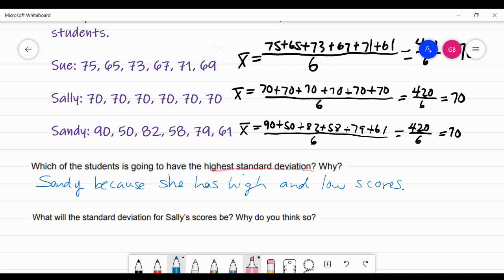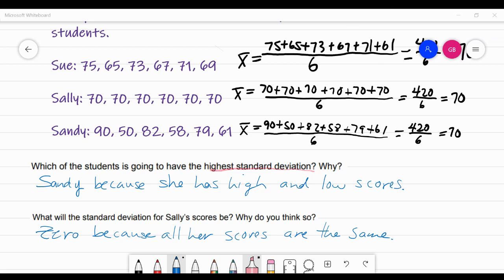So actually, this is going to have a standard deviation of 0 because all her scores are the same. Okay, so this is basically the purpose of standard deviation, how spread out or not the data is. Now I'm actually going to show you how to calculate this now.